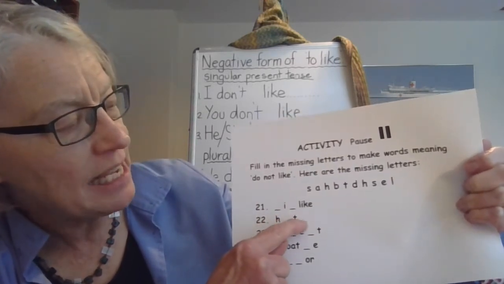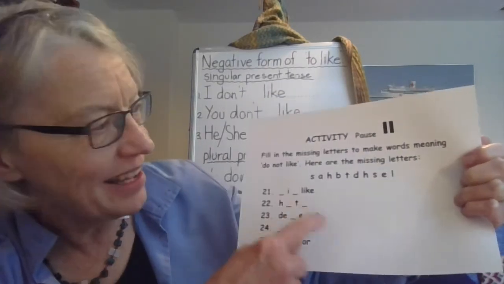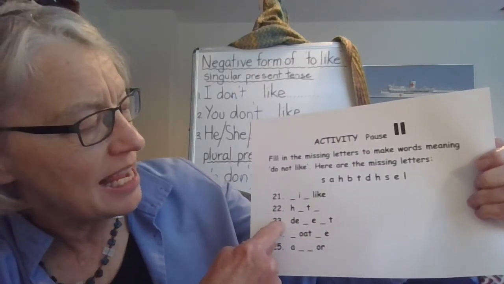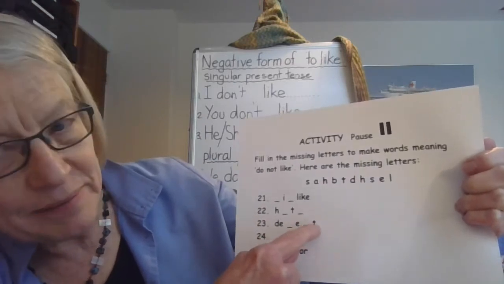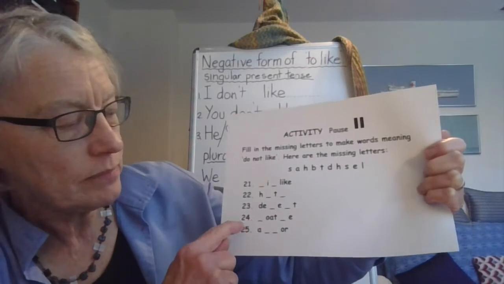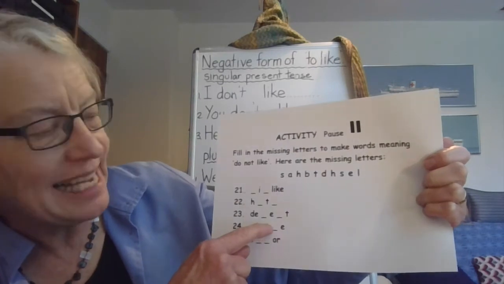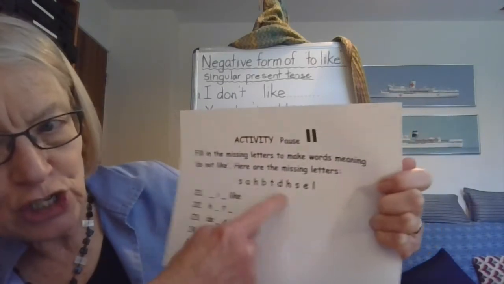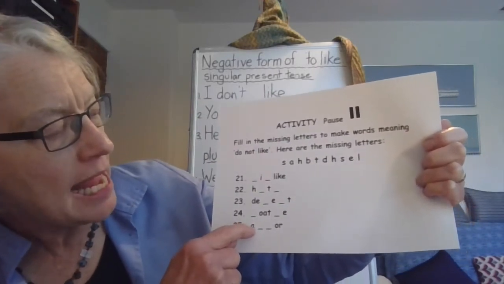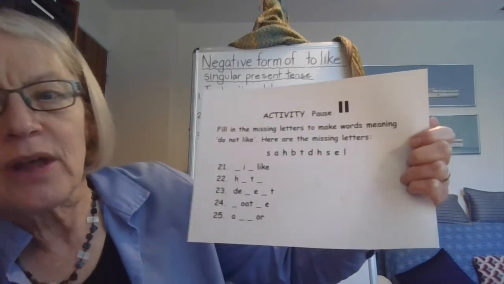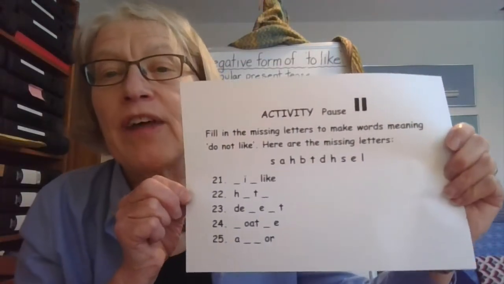H, T, which two letters are missing to make a word meaning dislike? Number 23. D, E, E, T. Which two letters are missing? Number 24. O, A, T, E. Which two letters are missing? And number 25. A, O, R. Which two letters are missing? Put them in. Pause while you do that.